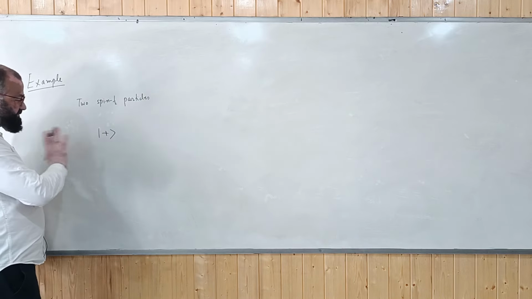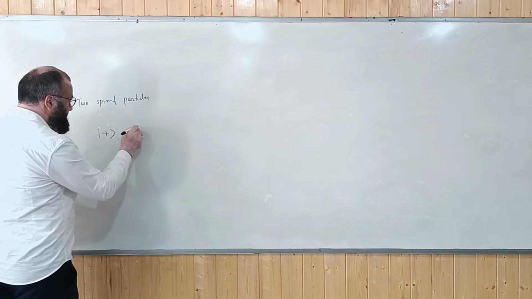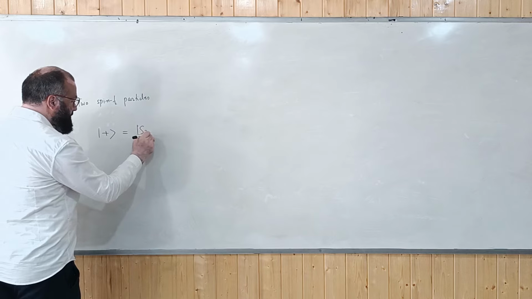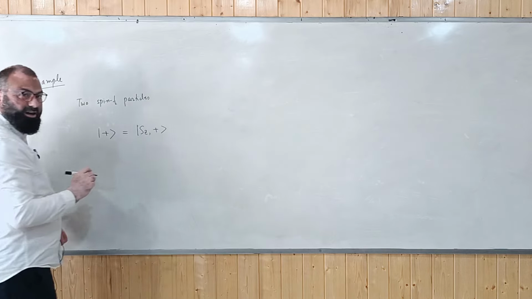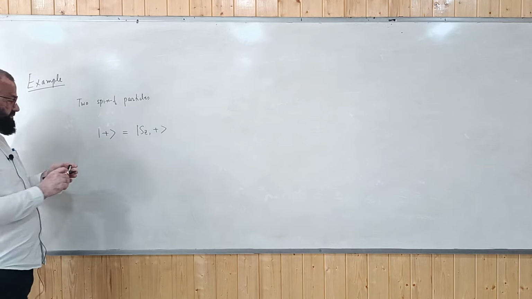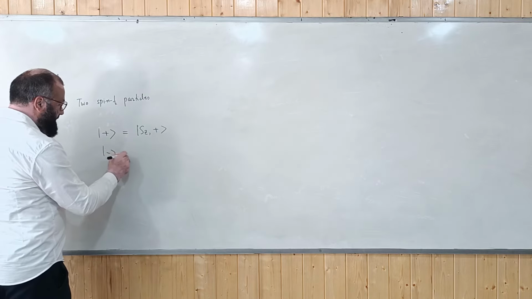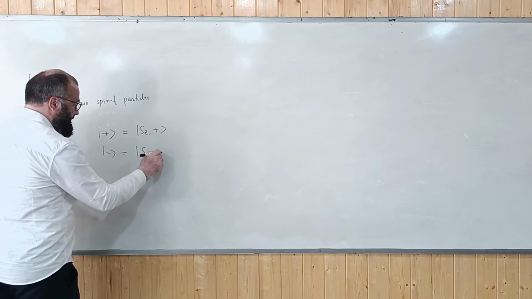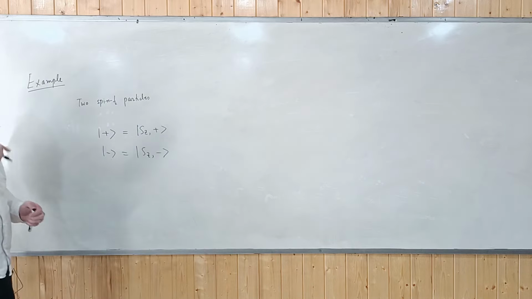Now tell me what the states were. I denote this plus, which is the eigenstate of the Sz operator, Sz in the plus direction. What is minus? It is Sz along the negative direction.